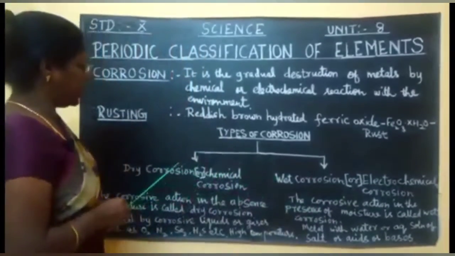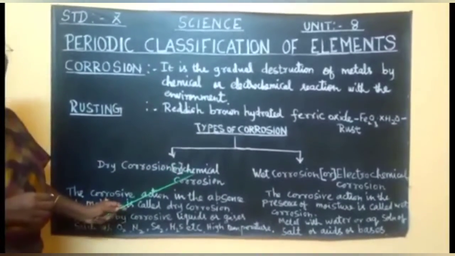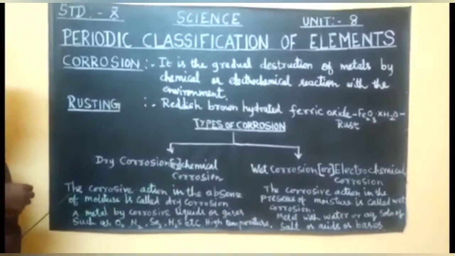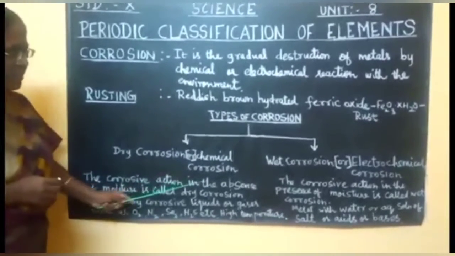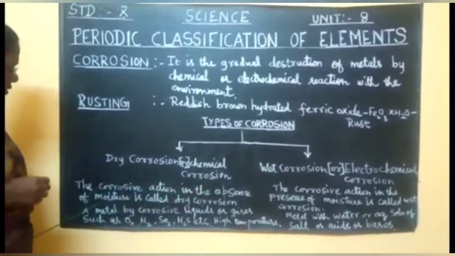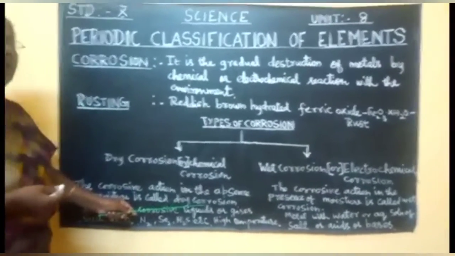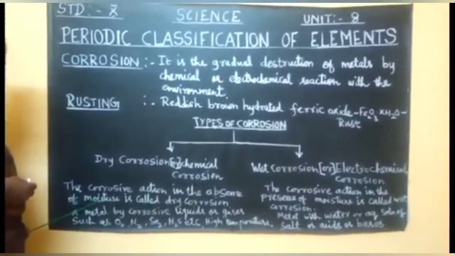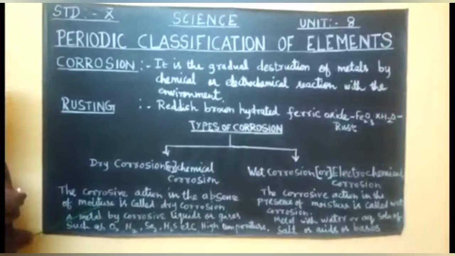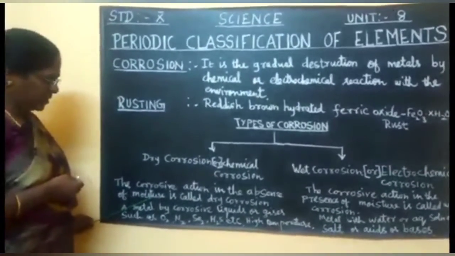First we will see dry corrosion or chemical corrosion. Dry corrosion means the corrosive action in the absence of moisture. In the absence of moisture means no wet particles, so it takes place in dry conditions.